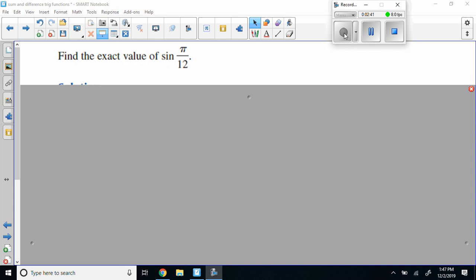So here's the benefit of the sum and difference formulas. Sine of pi over 12, right? Well, you have to evaluate that by hand. So what you need to understand is that we'll keep it simplified down to 30, 60, 90, and 45, 45. Combinations of those get us to the degrees or radians that we need.